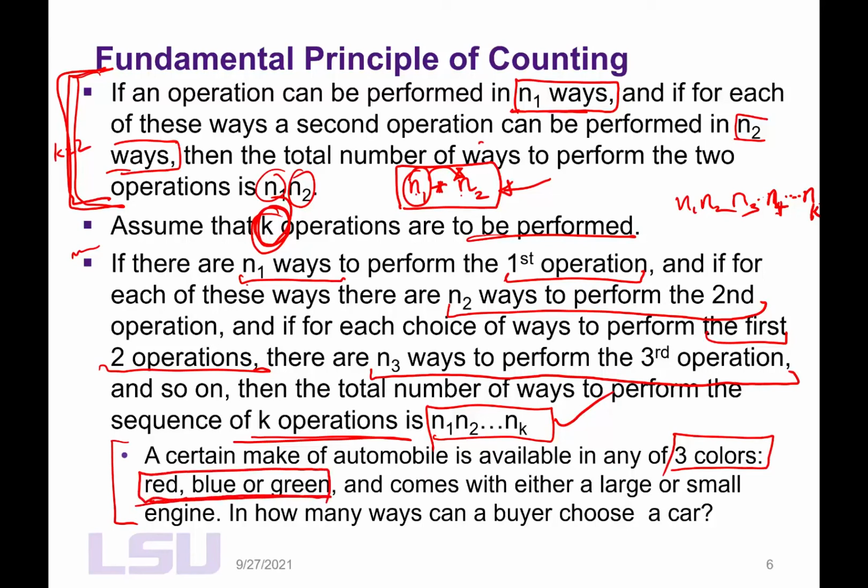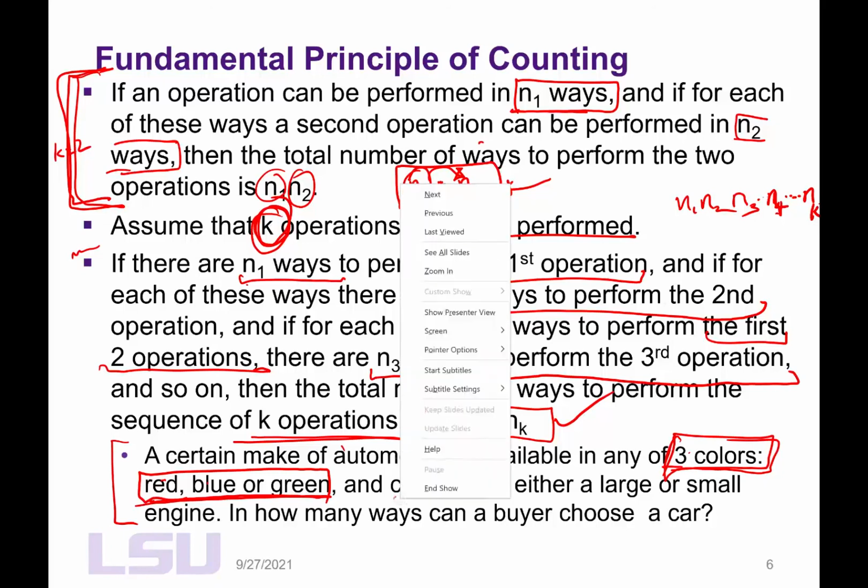Three possible colors. So those could be your first operation. How many ways are there of performing this first operation? How many ways of selecting a car of a given color? 3 ways, right? Red, blue, or green. So that's the first part of the statement.